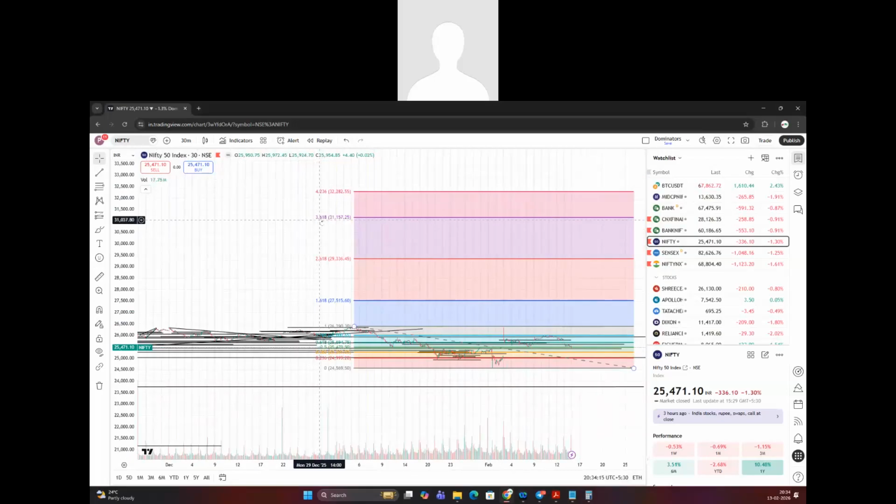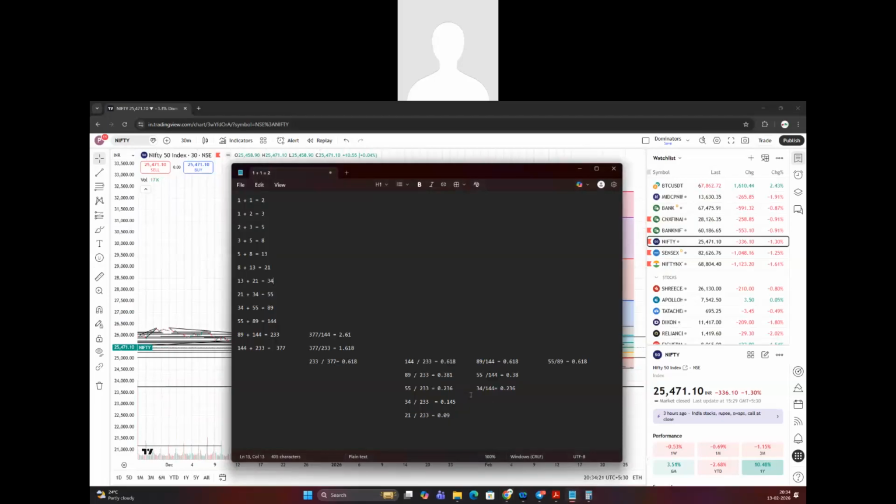You know how this 3.618, how do you get this 3.618? Any idea?